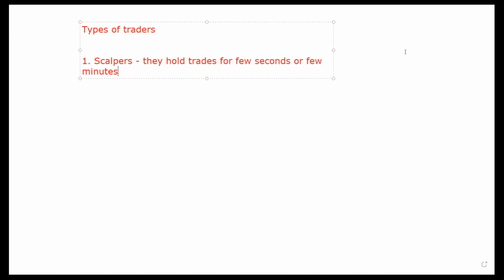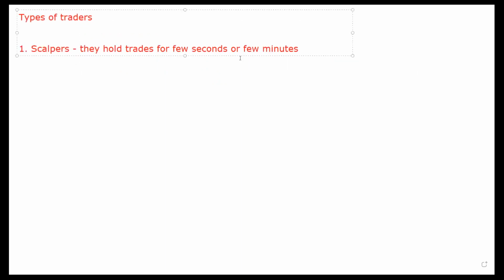They can open like 50 trades in a day, 100 trades in a day, because they're only interested in tiny profit here and there. I pick 5 pips here, 10 pips here, 12 pips, and here and there. So that's how they trade. We call them scalpers.